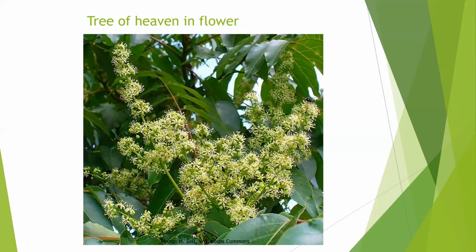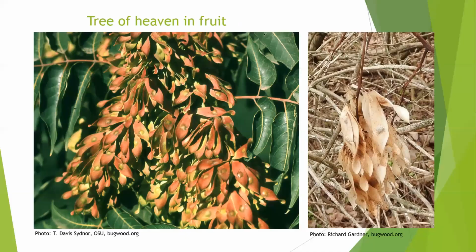Tree of Heaven flowers are pretty nondescript, and they are much easier to identify when the plants start to produce fruit. But they have separate male and female plants, so you're only going to see these on the female plants. For a few weeks in the late summer, you get these brilliant sundown, sunset-like colors, these gold and red and orange colors on the fruits.